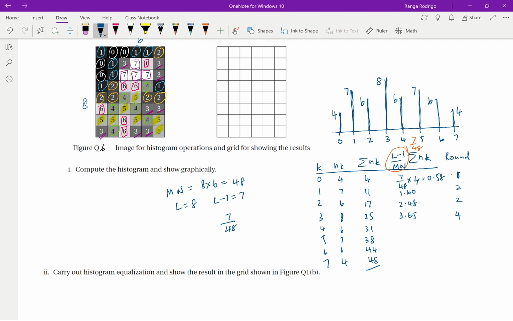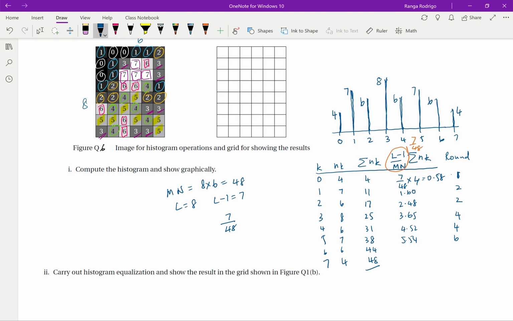Then 31 times that number, you get 4.52. That's approximately 4. Then 38 times that number, 5.54, that is approximately equal to, let's, I don't know, 6.